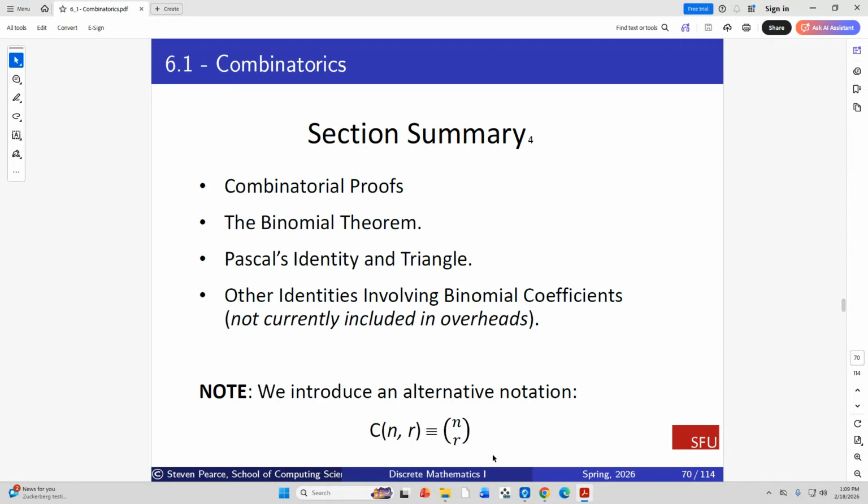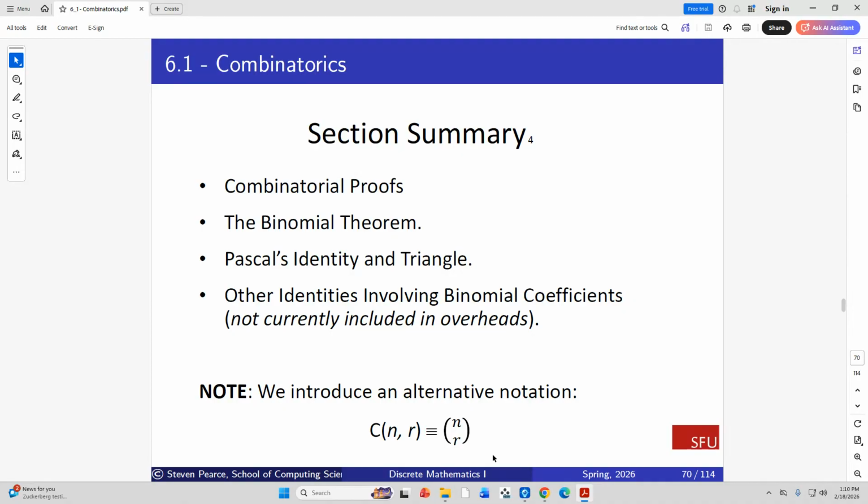Combinatorial proofs, on the other hand, usually involve problems where you can count. And there's two ways of counting it from one side to the other, and also there's a bijective way of doing it. We'll define what bijective means shortly. Okay, binomial theorem, like I said, Pascal's identity, which is directly related to the binomial theorem, and other identities.